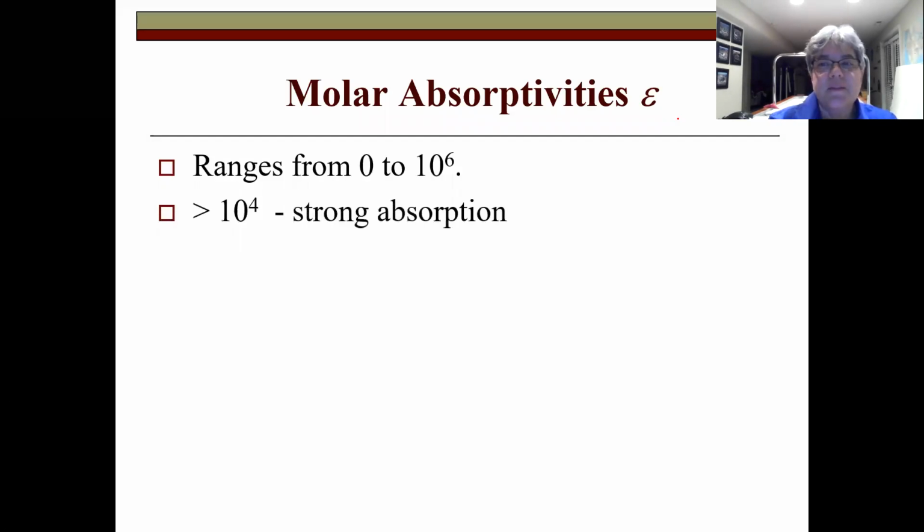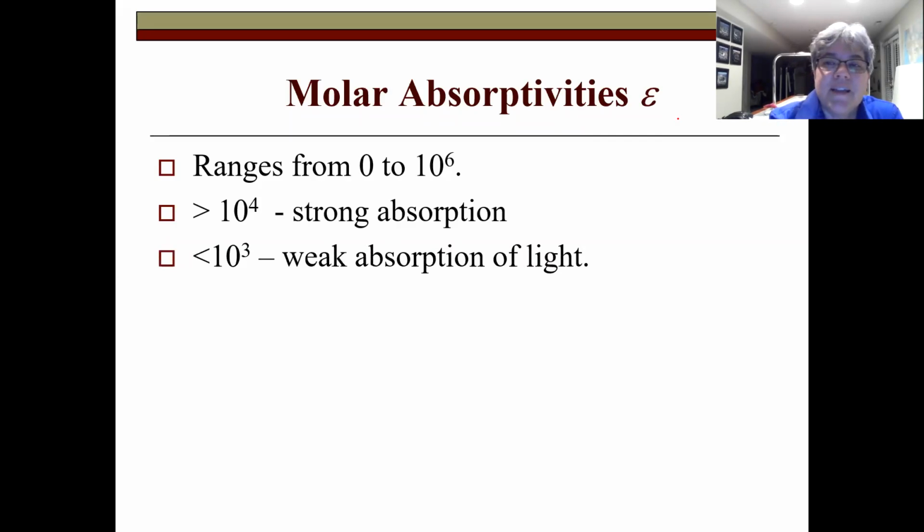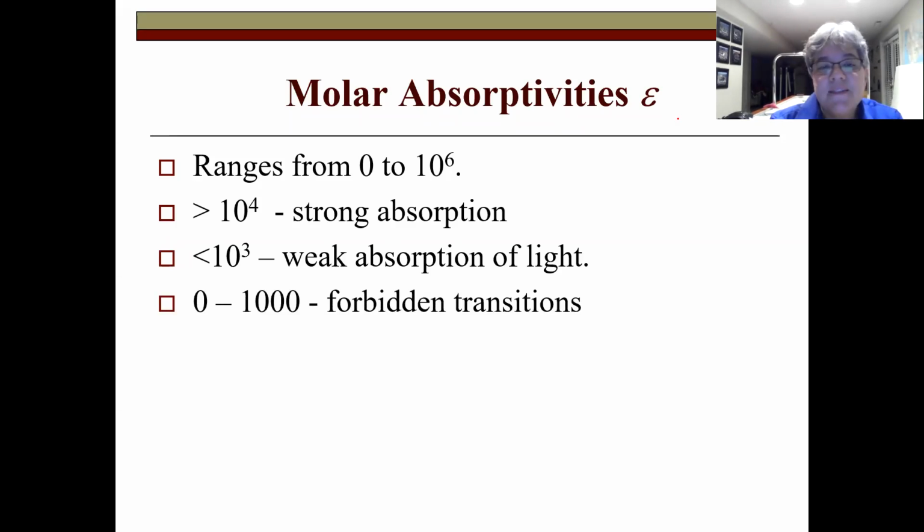So if that number is bigger than 10 to the 4th, then we say that's a very strong transition. Okay, that molecule strongly absorbs that wavelength of light. If it's less than 10 to the 3, then that's a weak absorption of light. And if the number is less than 1,000, 0 to 1,000, these are what we call forbidden transitions.